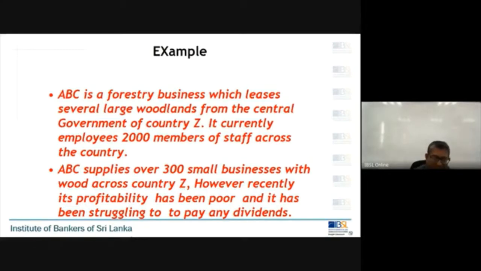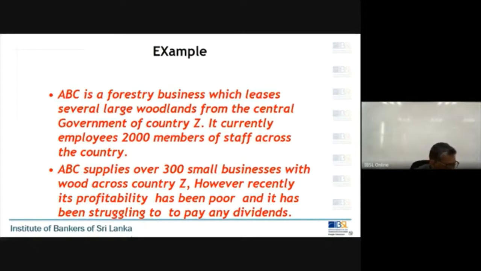ABC is the name of the supplier. It supplies over 300 small businesses with wood across the country. They are the forest provider. However, recently its profitability has been poor and it has been struggling to pay any dividends.